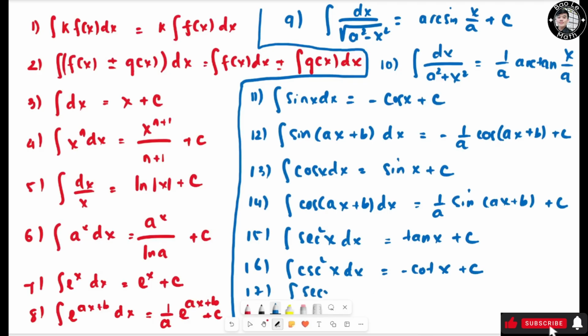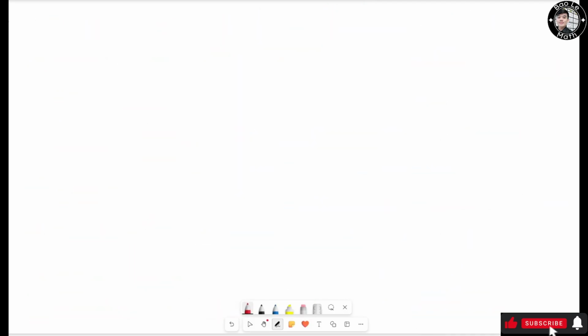Antiderivative of secant s tangent s ds is going to be secant s plus c. Number 18. Antiderivative of cosecant s cotangent s ds is going to be negative cosecant s plus c.